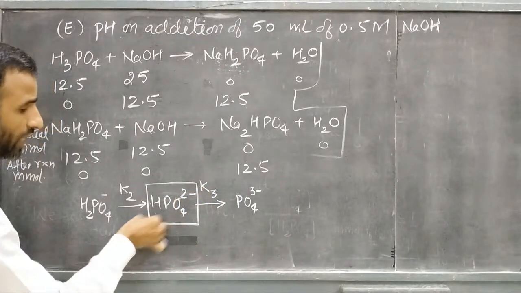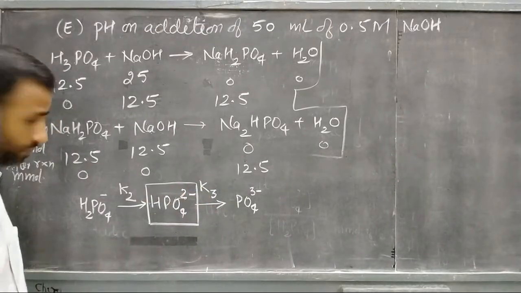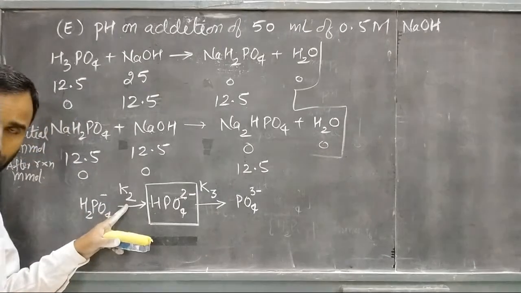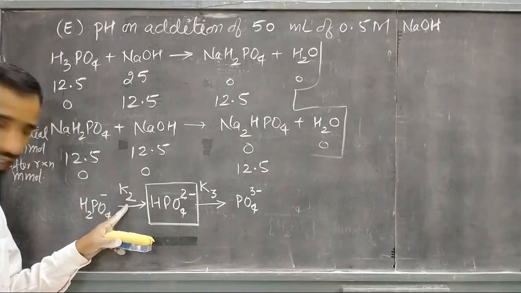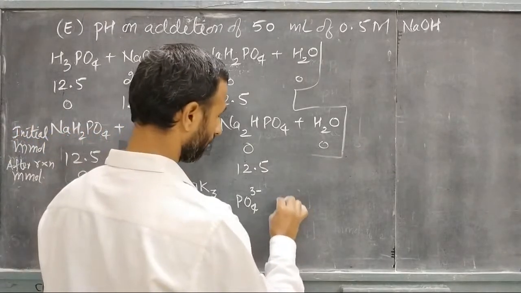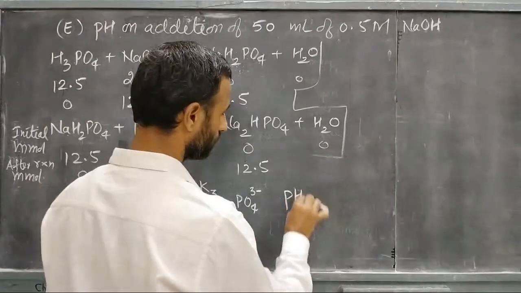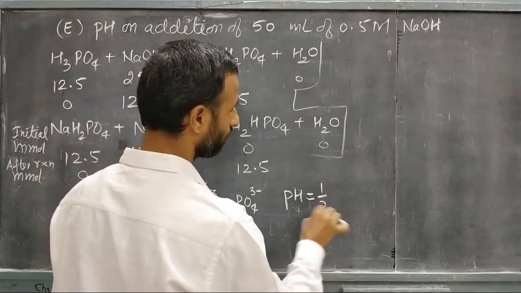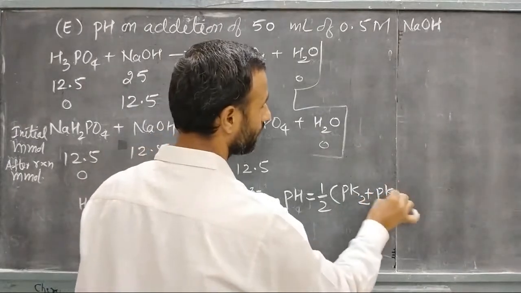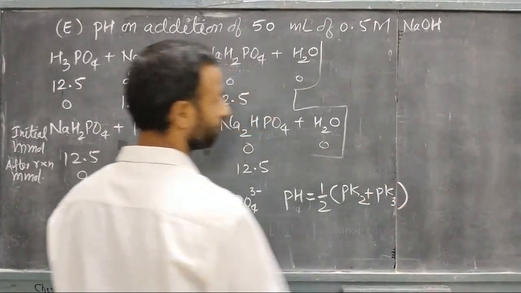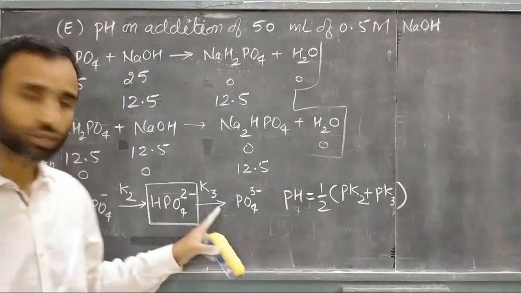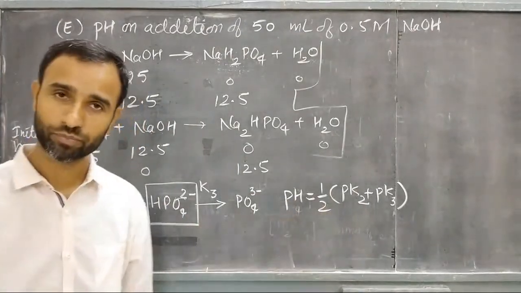HPO4 2 negative is formed from H2PO4 1 negative, and the dissociation constant for that is K2. So what is the pH now? Here pH is half of pK2 plus pK3, right? Half of pK2 plus pK3.